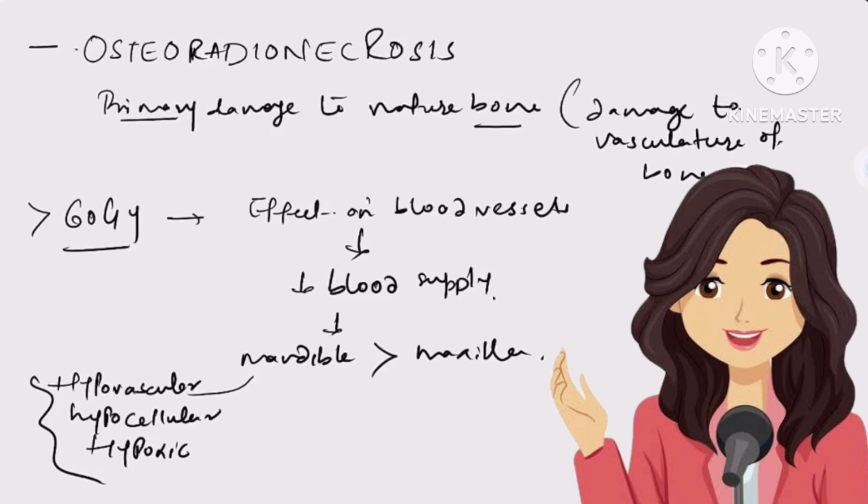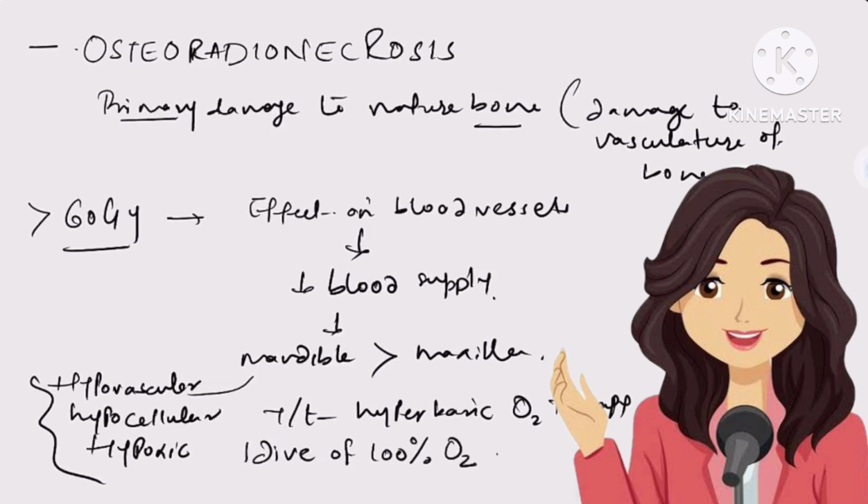And what is the treatment that we give to the patient of osteoradionecrosis? It's hyperbaric oxygen therapy. And what is the regimen that we follow? One dive of 100% oxygen at 2.5 atmosphere for 90 minutes. Okay, just remember this.